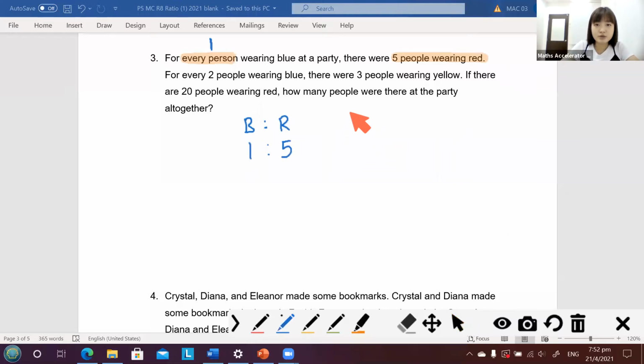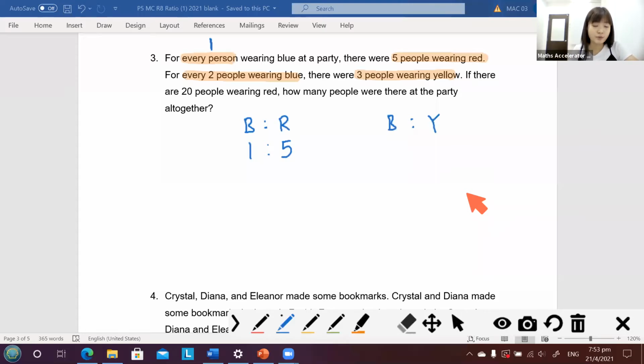Now the next one, for every 2 people wearing blue, there were 3 people wearing yellow. So this would be blue to yellow. What's the ratio for blue to yellow? You can type in the chat.